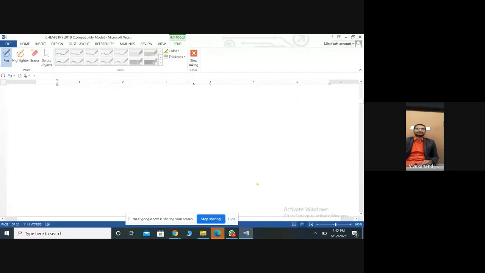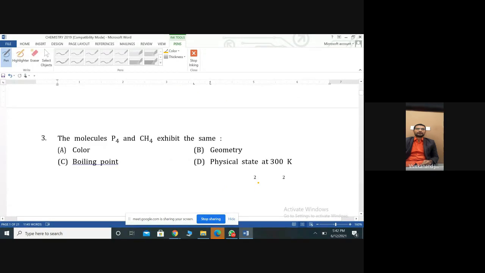Question number 3. The molecules P4 and CH4 exhibit the same what? Where will P4 and CH4 be similar?